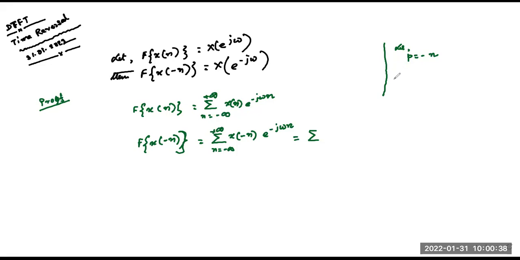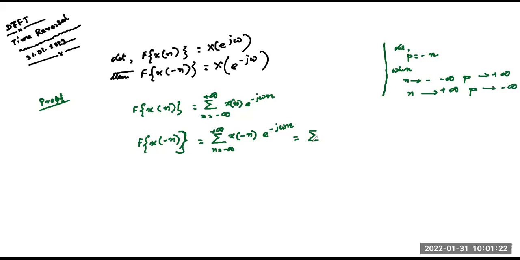So when n equals minus infinity, p equals plus infinity, and when n equals plus infinity, p equals minus infinity.